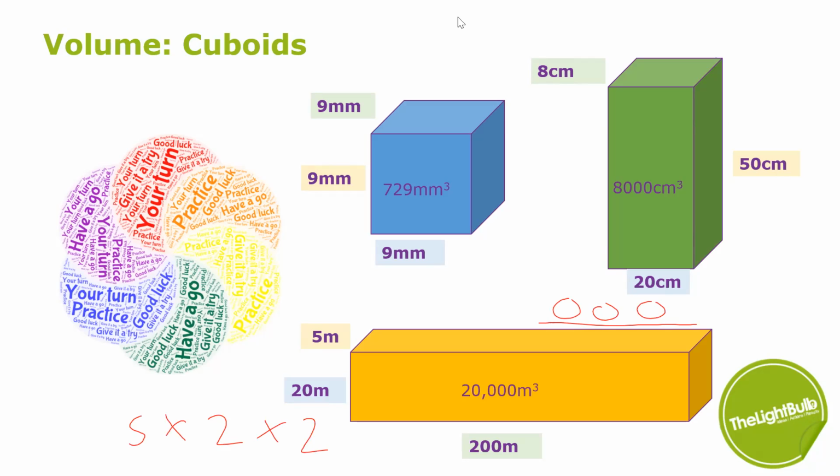Now 5 times 2 is 10, times 2 is 20, and then bring over these 3 zeros from the shelf, and we have 20,000. So that's how we can come to that answer without a calculator.